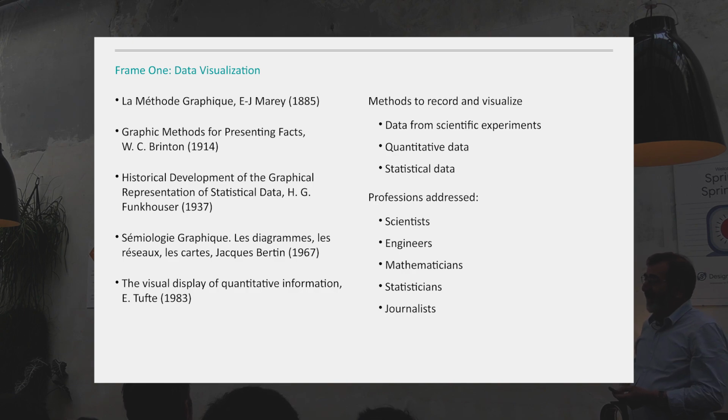Well, he's a remarkable French scientist, and he produced a book, which you can still get online. I believe you can download it from the BNF and a couple of other libraries, La Méthode graphique. And that book was really the beginning of this reflection on how to visualize data.